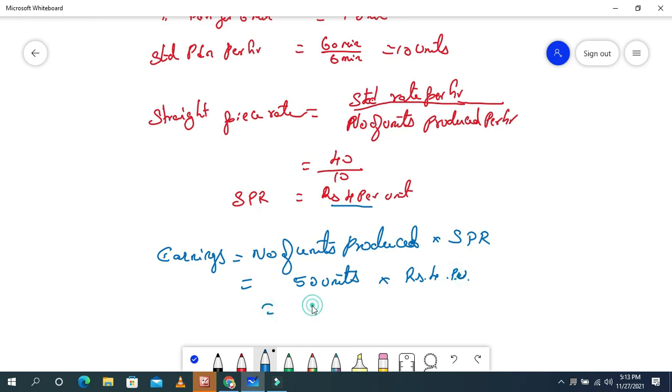So 50 into 4 is rupees 200. So the earnings the worker gets is rupees 200.